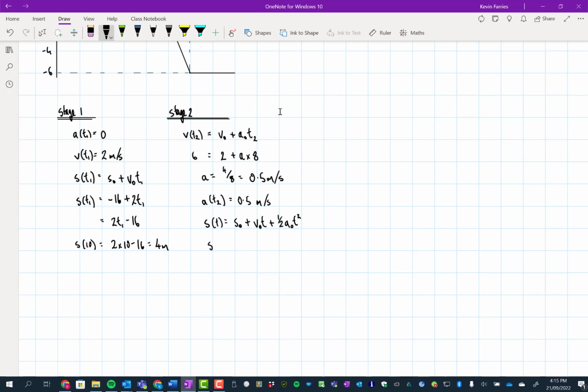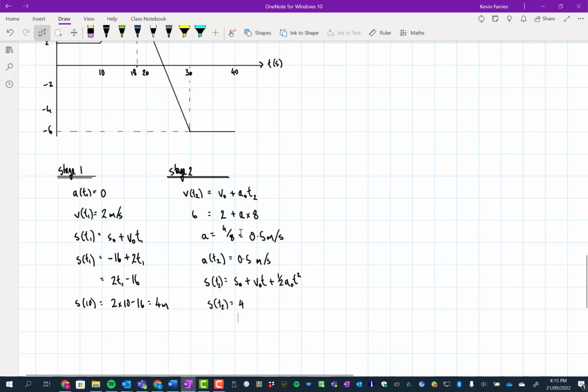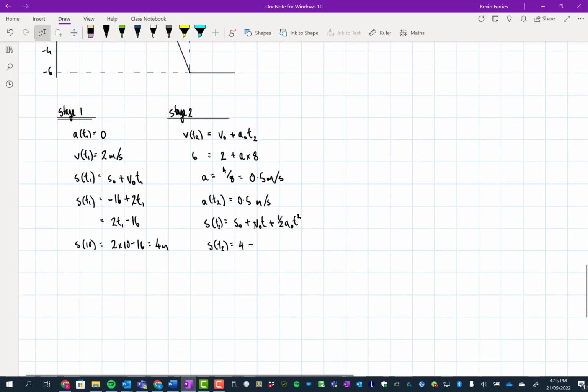So therefore, for stage 2, s of t2, the s at time t2 is just going to be 4 meters plus a half times t plus half a squared, so a is 0.5 we figured out, so 0.25 t squared. Can't simplify that any further.